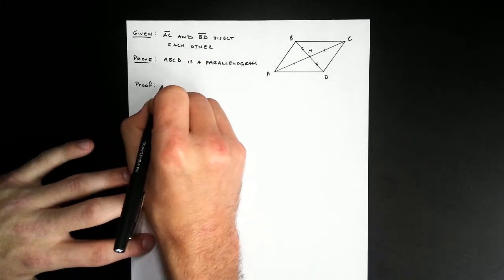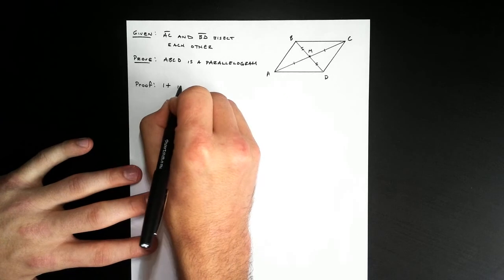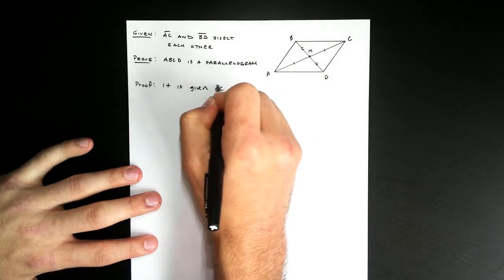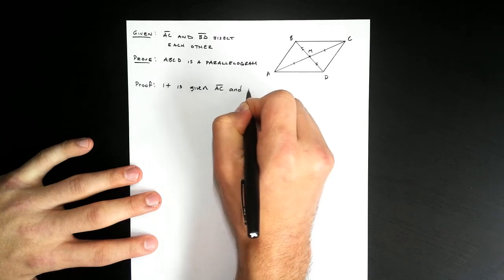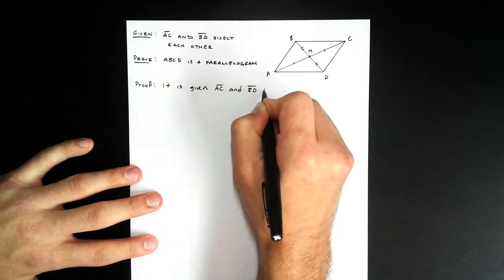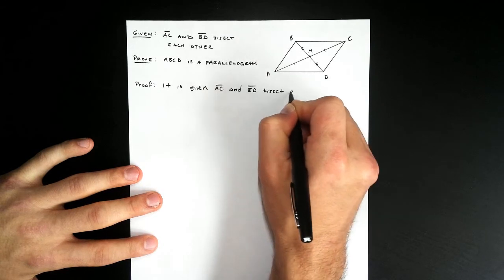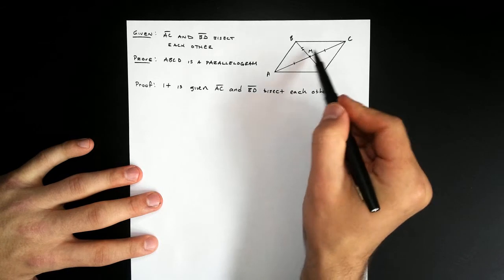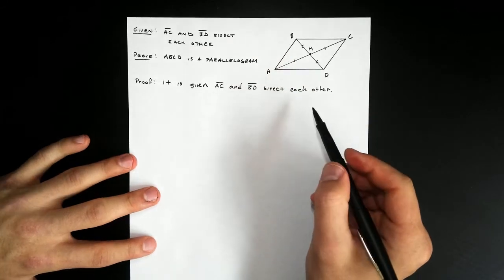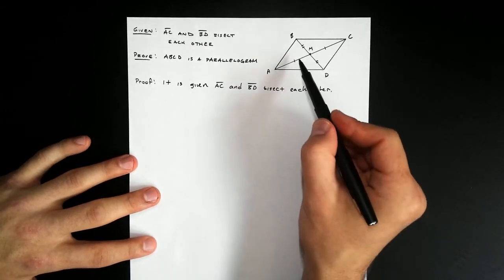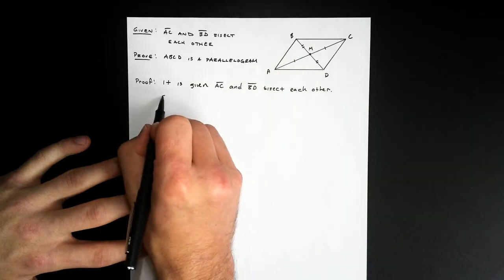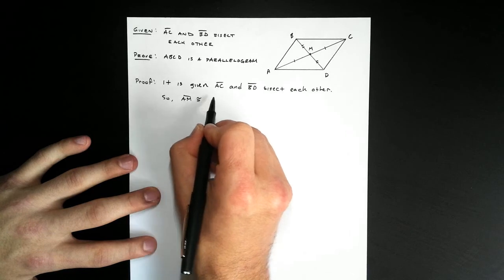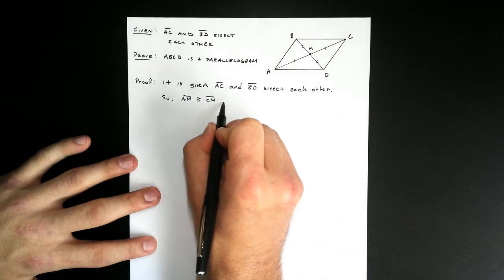For our proof, let's start with our given information as usual. So it is given that the diagonals AC and BD bisect each other. As we indicated in our diagram already, if they bisect each other, they're getting cut in half. So then we know that AM is congruent to CM.